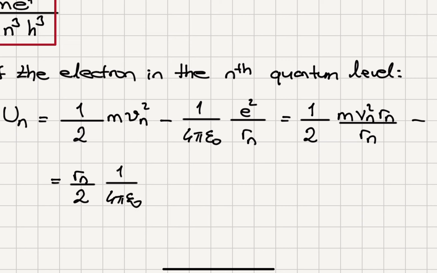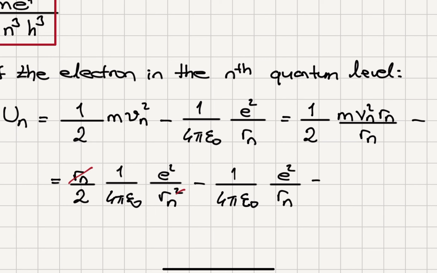So this is our centripetal force here, m v squared over r, e squared divided by r sub n squared. So you can see that the r sub n's will cancel, and the second term is minus 1 over 4 pi epsilon 0 e squared over r sub n.